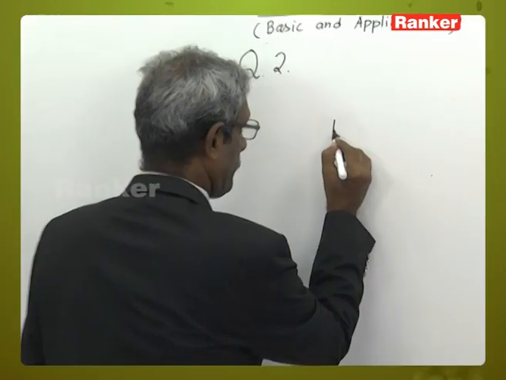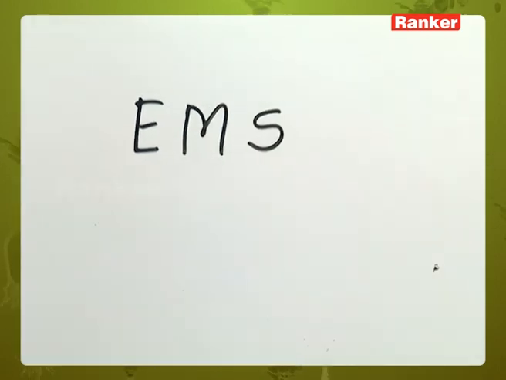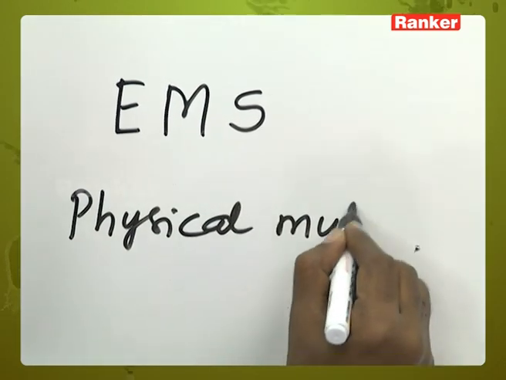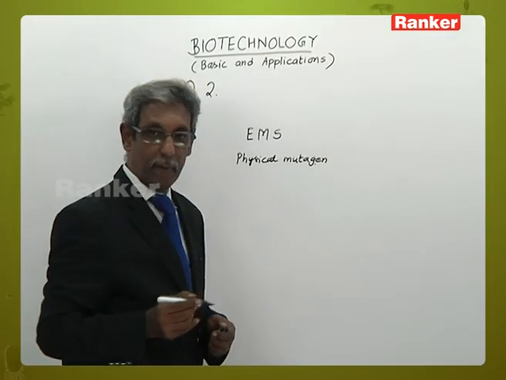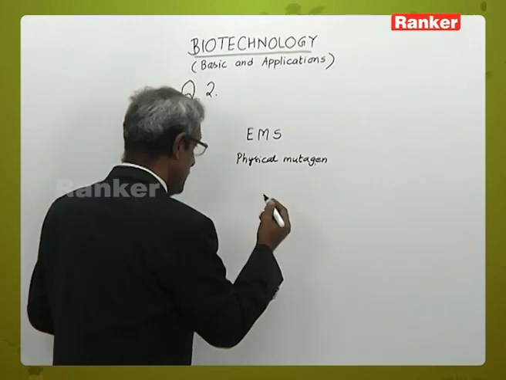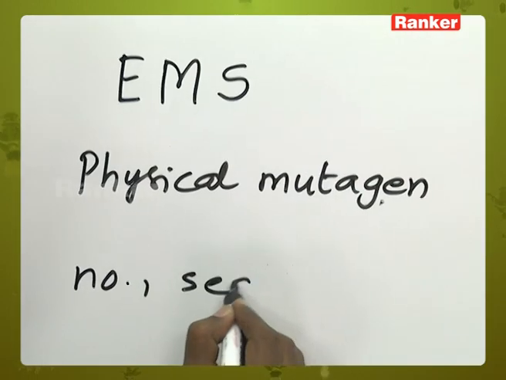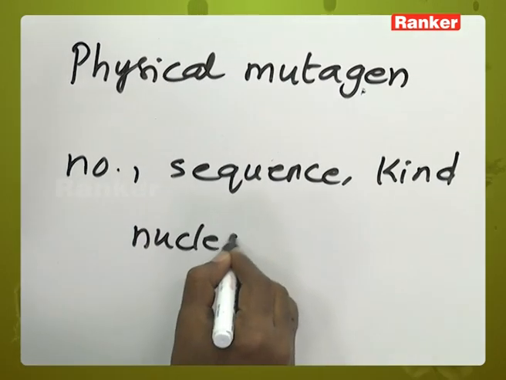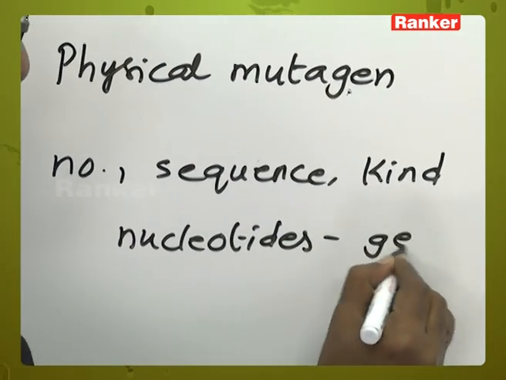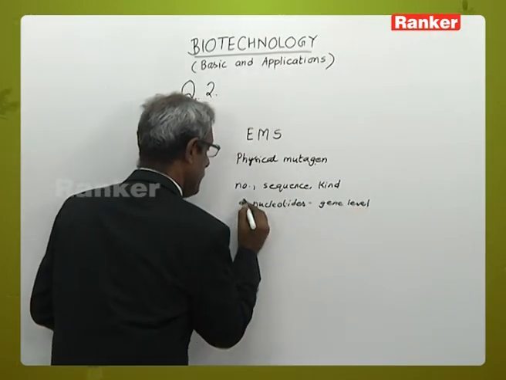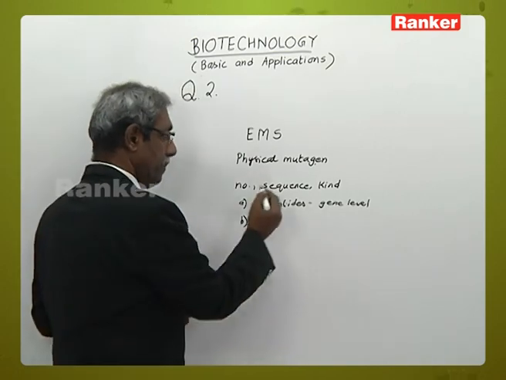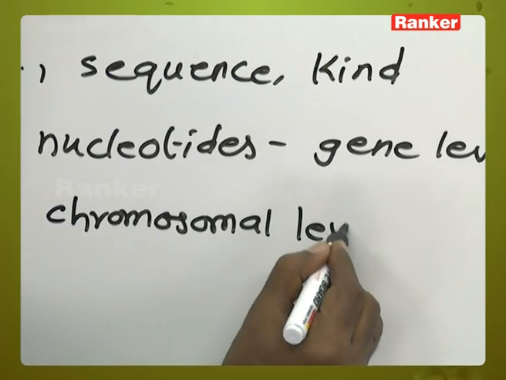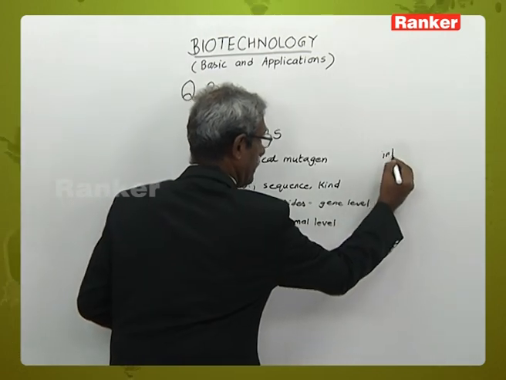When you take EMS, ethyl methane sulfonate is an example of a chemical mutagen which can bring about changes in the number, sequence and kind of the nucleotides at the gene level, and it can also bring about changes at the chromosomal level, which can be inherited.